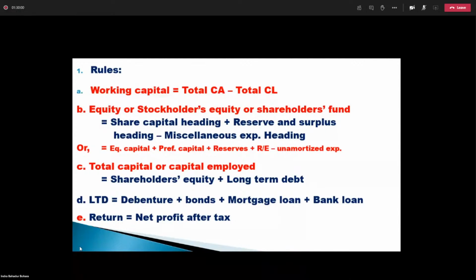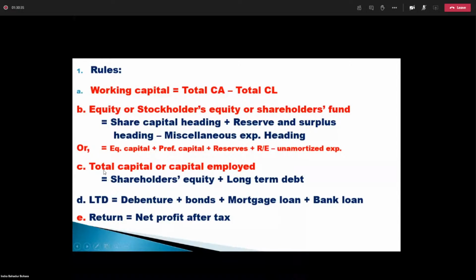Therefore, shareholders equity or stockholders equity can be calculated as equity capital plus preference capital plus reserves plus retained earnings, minus unamortized expense or preliminary expense. They fall under the miscellaneous expense heading that we studied in plus 2 and bachelor level: preliminary expense, discount on share, P&L account loss or debit balance, and underwriting commission.